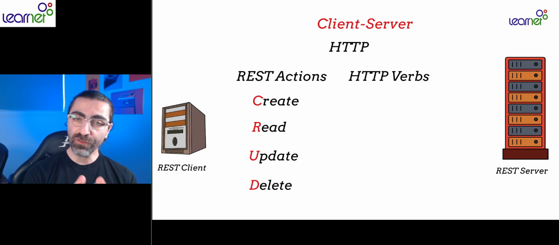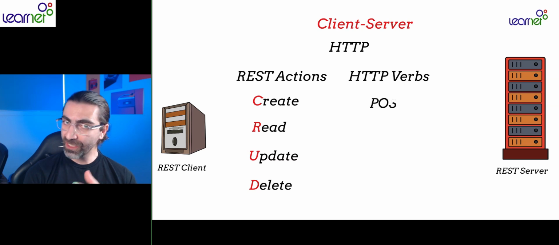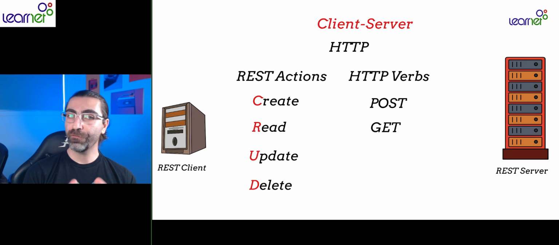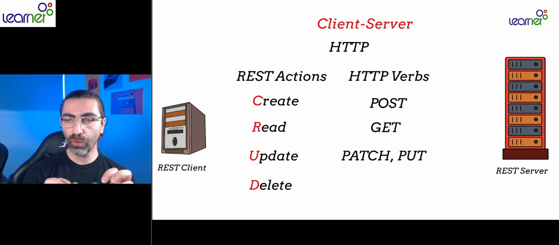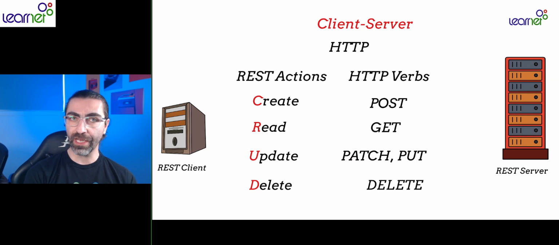And the equivalent verbs in the HTTP header, if you want to do any of these tasks or actions with API calls through HTTP packets: the equivalent verb for create is POST, for read is GET, for update is either PATCH or PUT, depending on the situation, and for delete is DELETE.